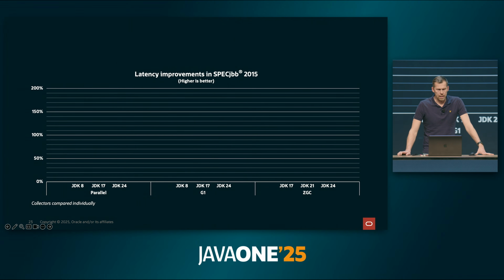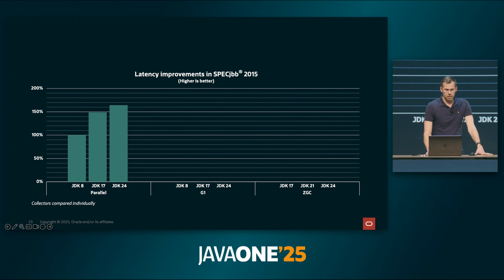If we instead look at the latency score, and here is really where you can see the performance benefits of the things that we've done to GC. You can see that the latency score has improved more than 50% going from JDK 8 to JDK 17, or for Parallel, more or less around 50%, and then slightly more going to JDK 24.